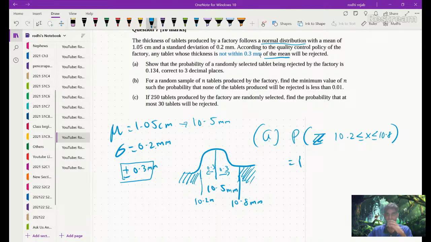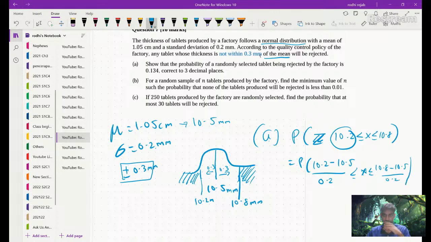From here we process, since this is not a value that we can read in the table. For us to read the table, we have to follow the formula, which is this value minus the mean 10.5 over the standard deviation. Same goes to the other side, 10.8 minus the mean over the standard deviation. So you will get P(negative 1.5 < Z < 1.5).